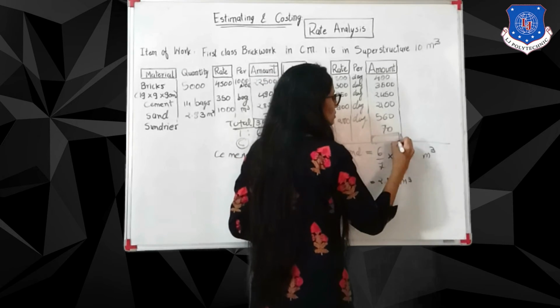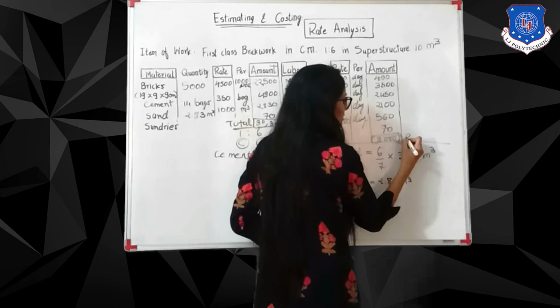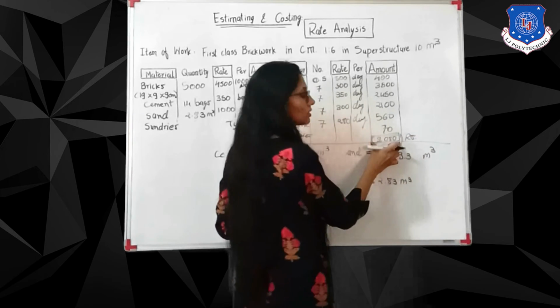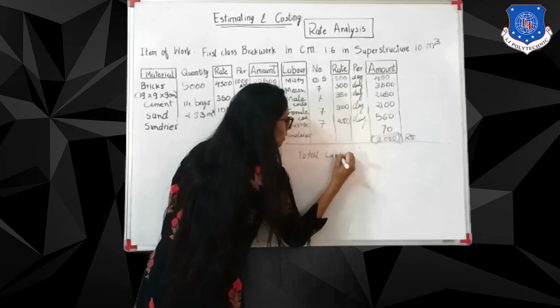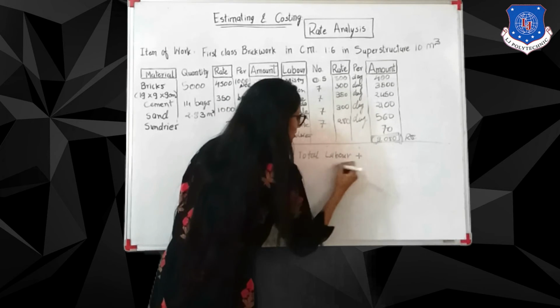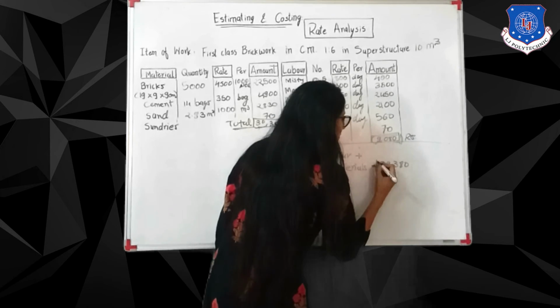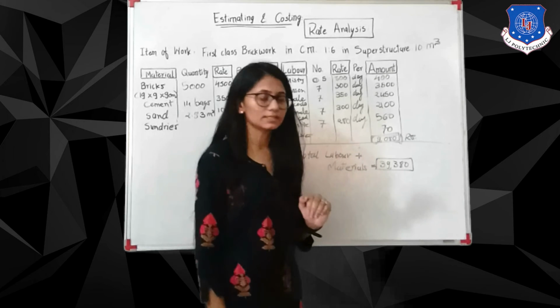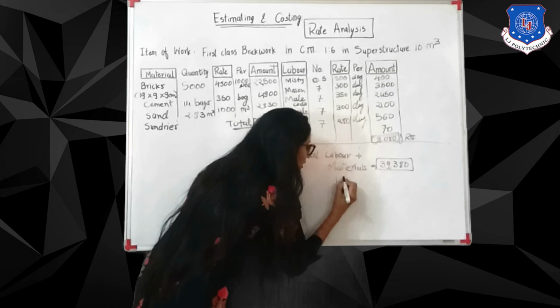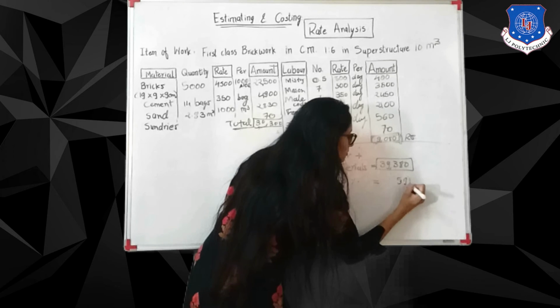The total cost of labor will be 9,080 rupees. The total cost of labor plus materials will be 39,380 rupees. We're going to add the profits and the water charges. First we calculate 1.5% water charges, 591 rupees.